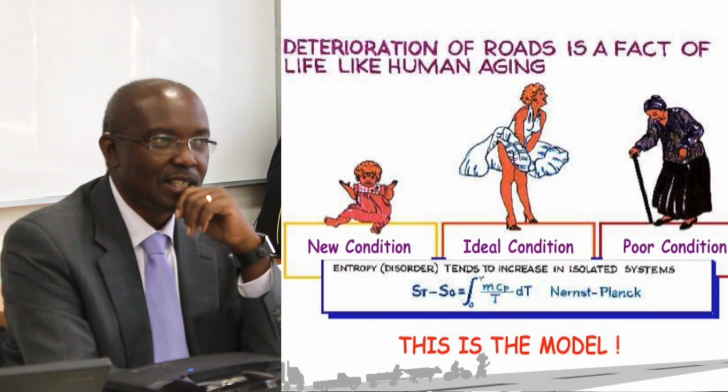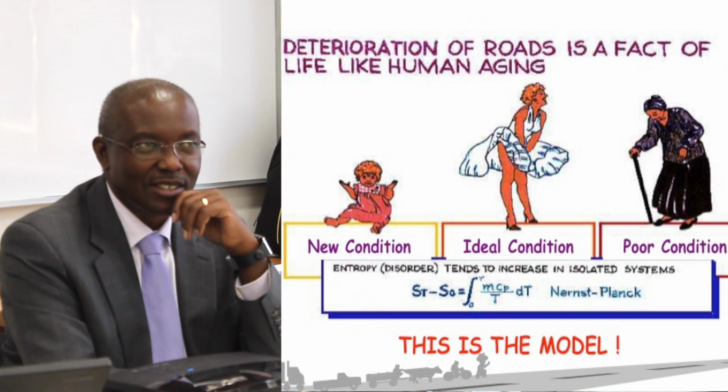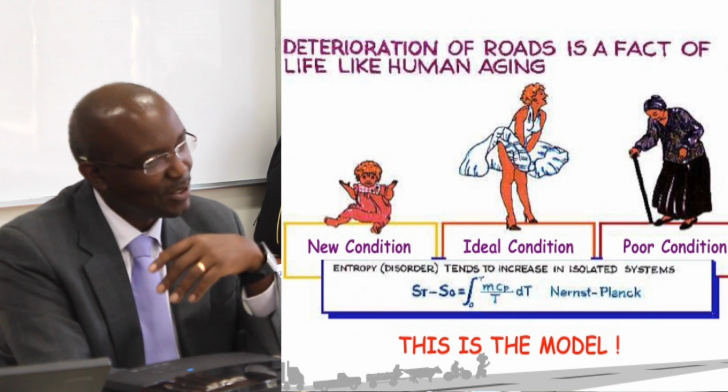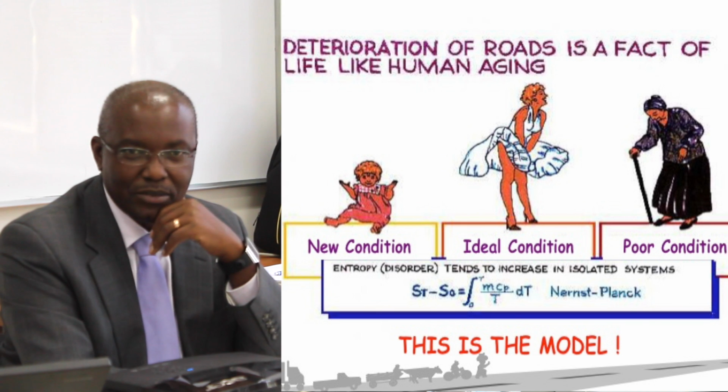So let's start with road deterioration. I like this because it actually demonstrates what happens with the road. You start off in a new condition. At some point it will be ideal, and then it goes to poor condition. Over time, of course, over time and traffic.